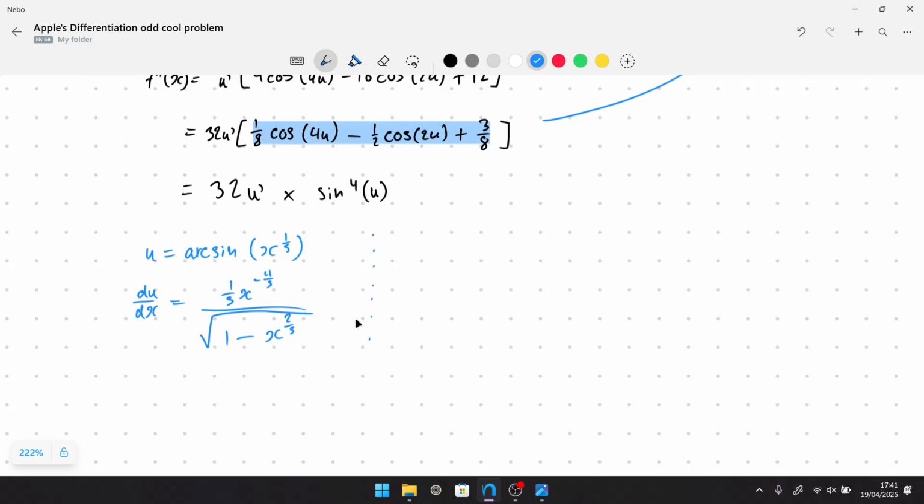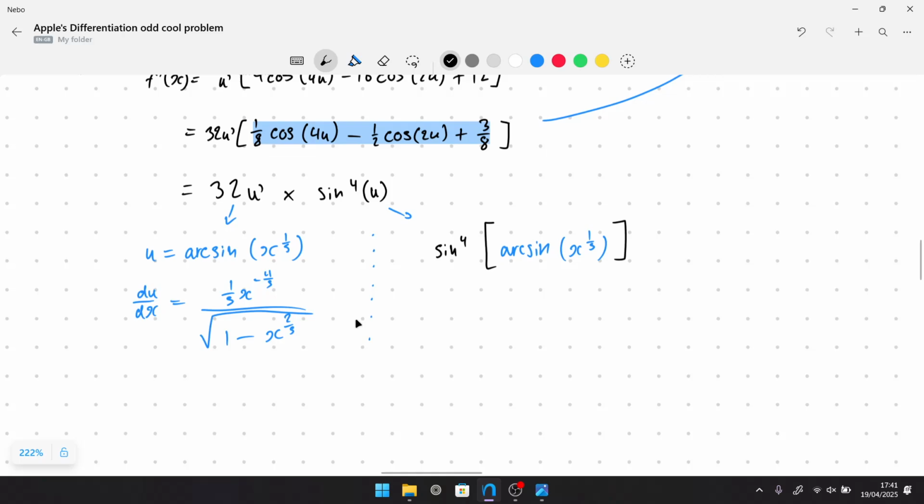Then we have this part, which would be sine to the 4 of arc sine x to the 1 over 5.